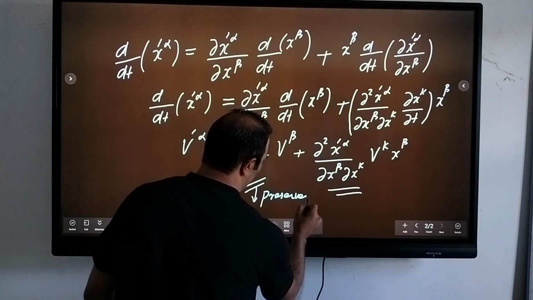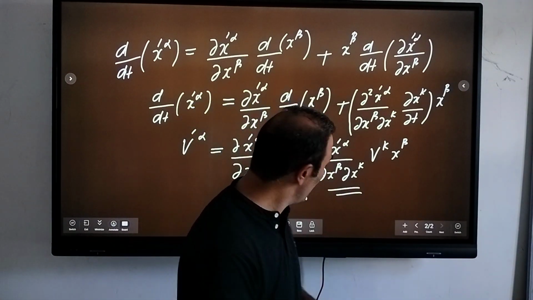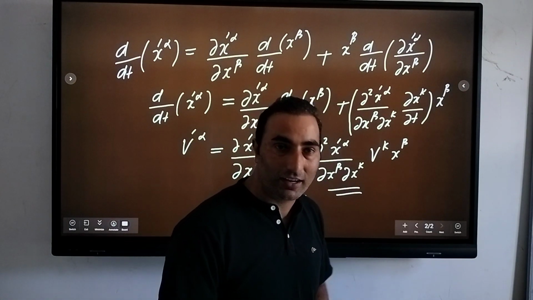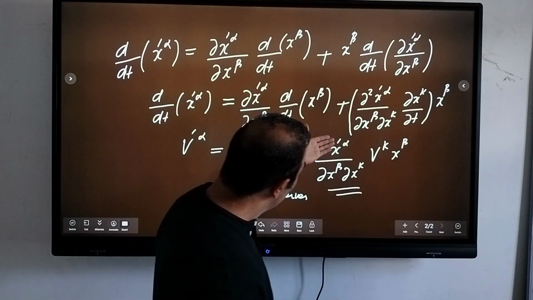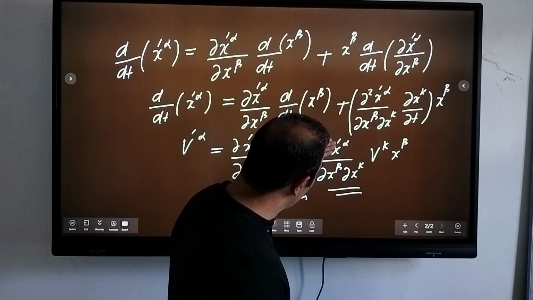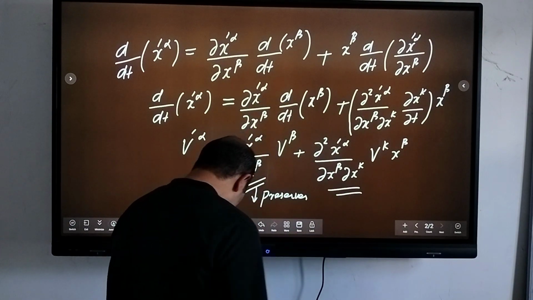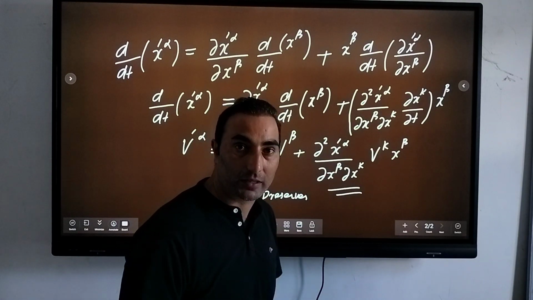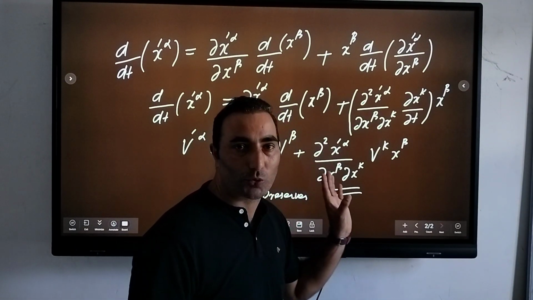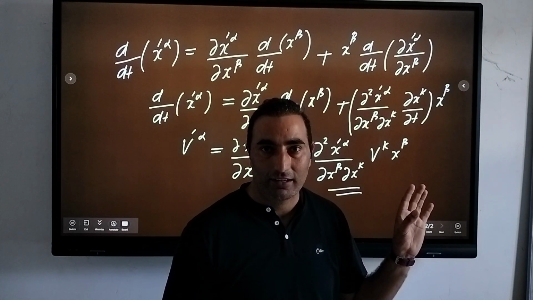Now if we have a look at our second term, तो अगर हम second term की बात करेंगे, जो हमारी सेकंड टर्म है, we have these derivatives of the new coordinates with respect to the old coordinates, right? And अगर ये term non-zero बन जाए, अगर ये zero होगी then it's okay because it preserves our transformation properties, right?